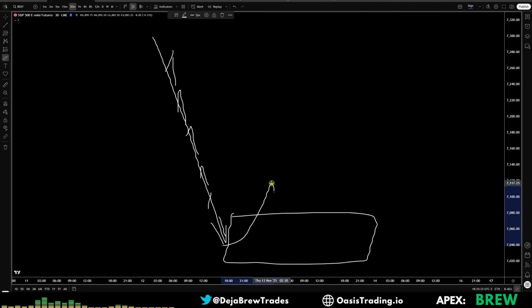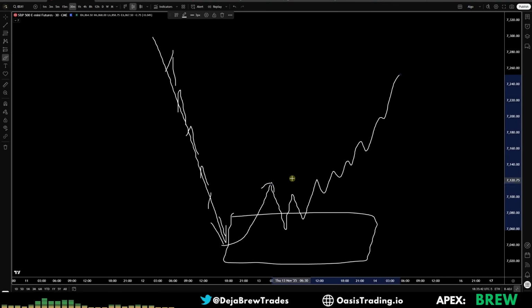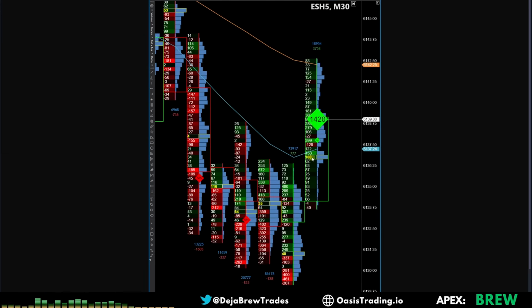So as we are pushing up, these sellers are no longer getting what they want. And the buyers were not really allowing the price to go lower. The price began to rip higher and take those traders out of their positions.